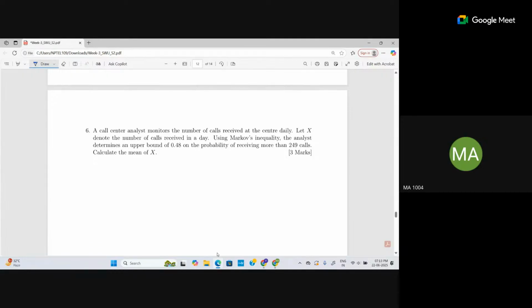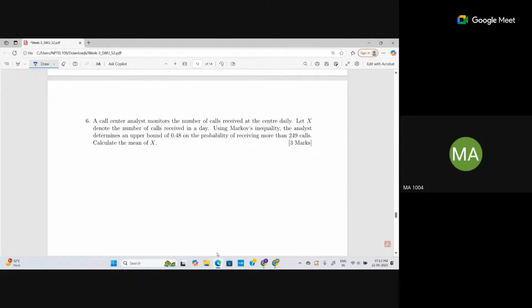Okay, what about others? Okay, so the question is that a call center analyst monitors a number of calls received at the center daily. So X is denoting the number of calls received in a day.